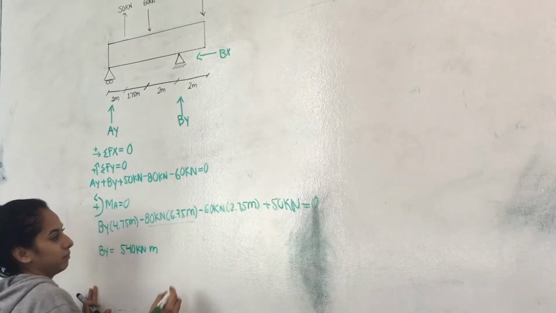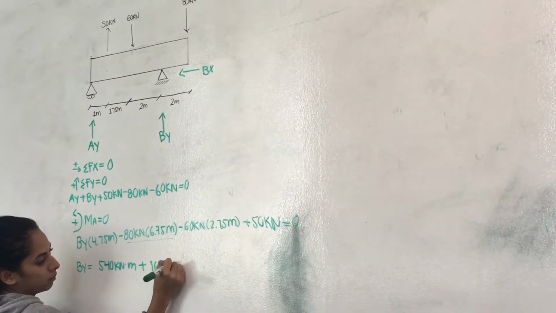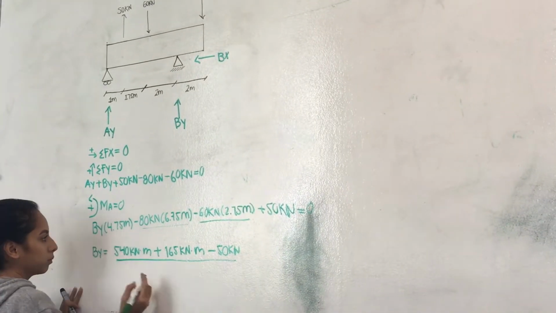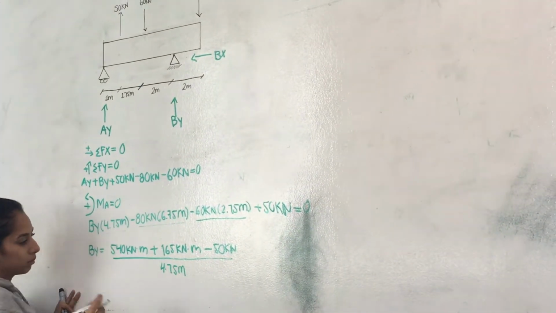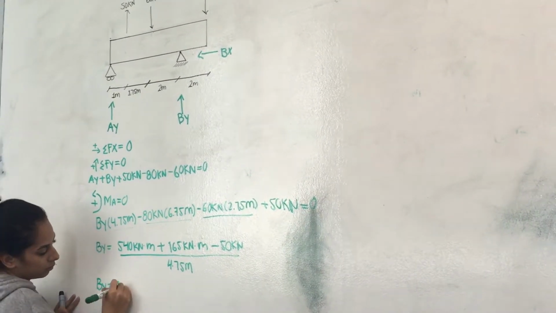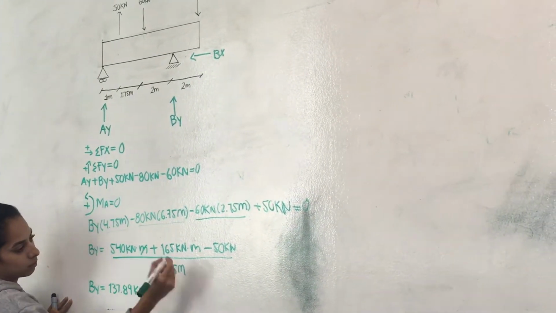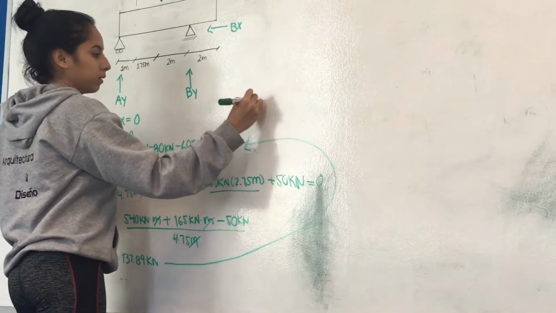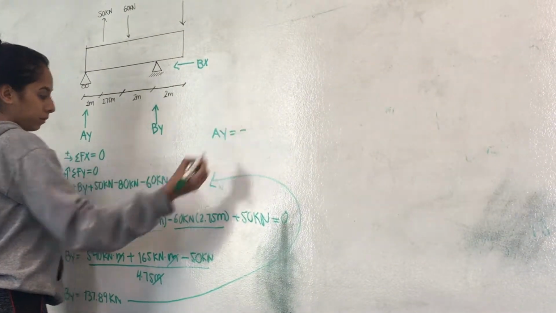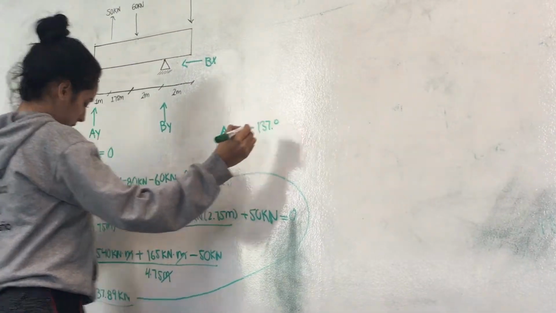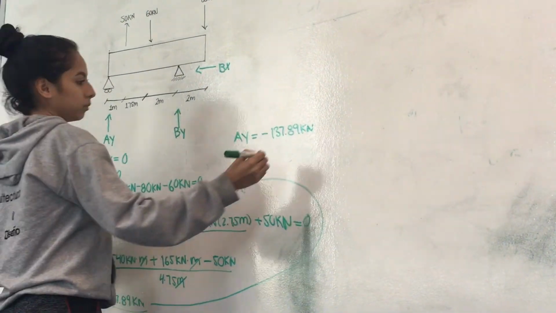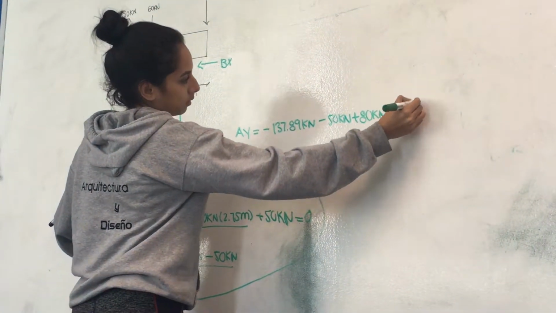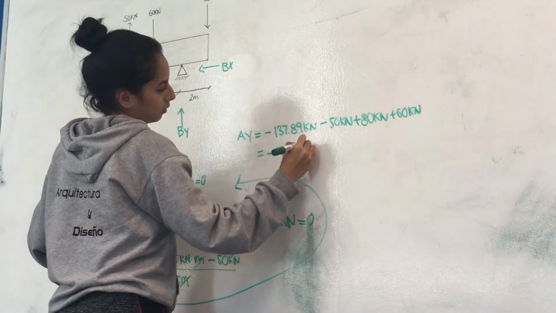Then we get 140 plus 165 minus 50, divided by 4.75, equal to 137.89. Then we get AY with the BY that we got, and it's 140 minus 187.89, equal to minus 47.89.